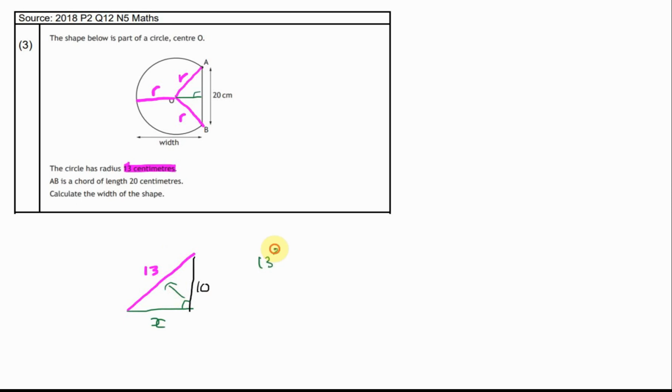It's going to be 13 squared take away 10 squared is equal to x squared. I'll show my working. So that's going to be 69 is equal to x squared. So the root of 69 is equal to x, so x is equal to 8.3.